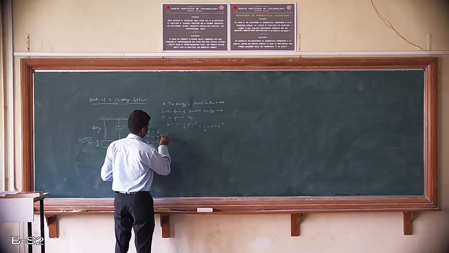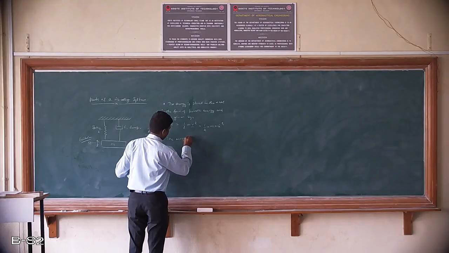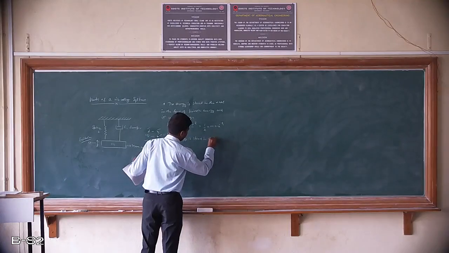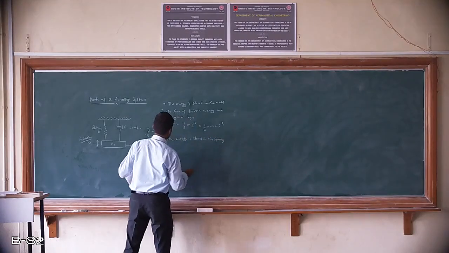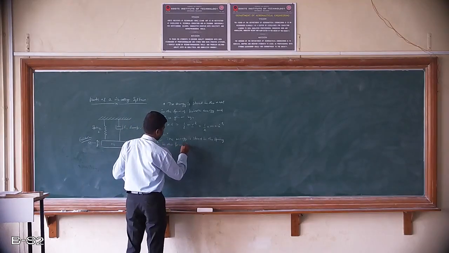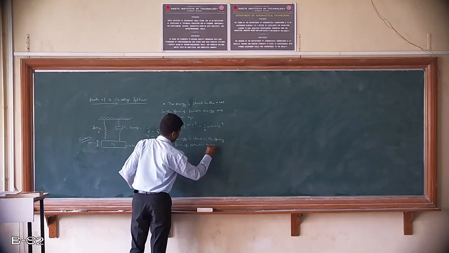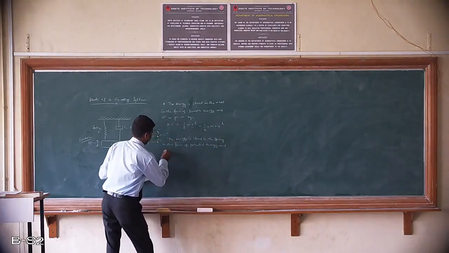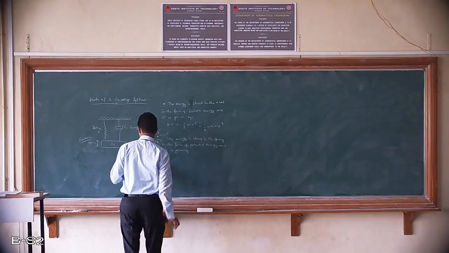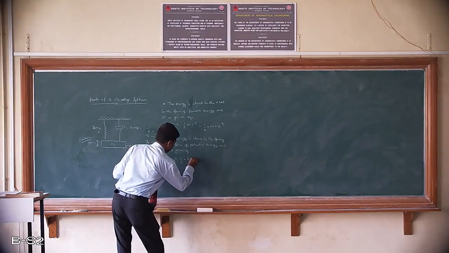The energy is stored in the spring in the form of potential energy, and it is given by half into k into x square.